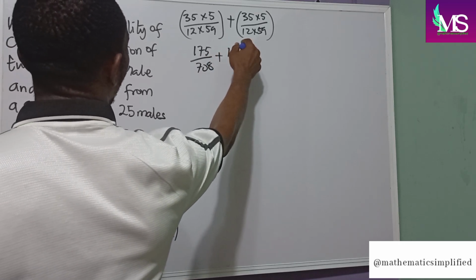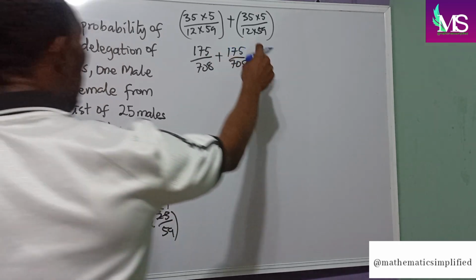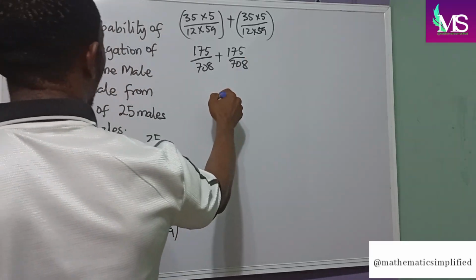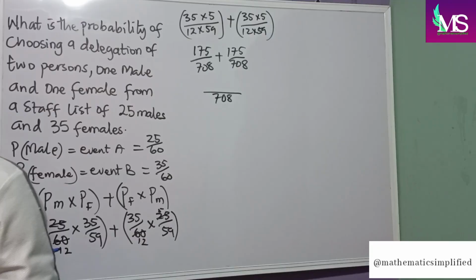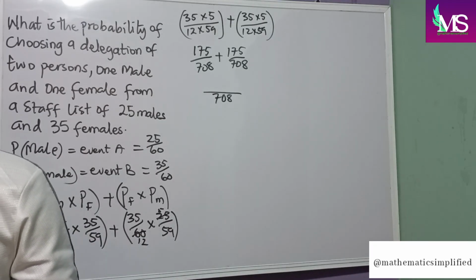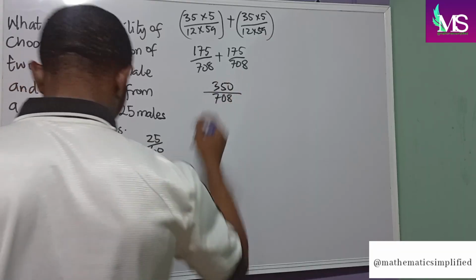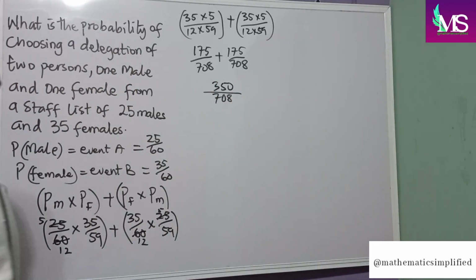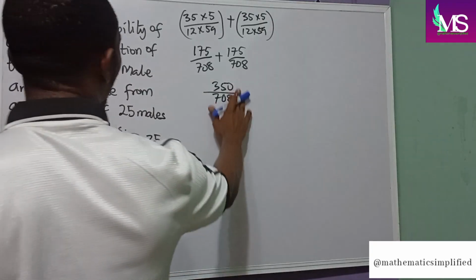Plus 175 over 708. So if we add this up, we are going to have 708 as our LCM, all over 175 plus 175. That is 350. Now the next thing is, can we break it down further to its lowest term?